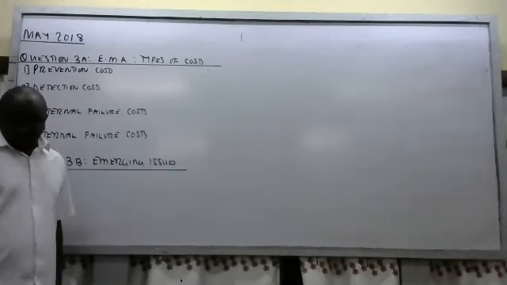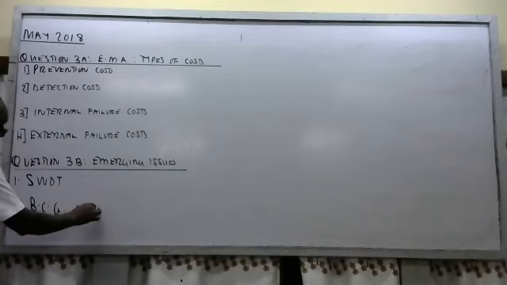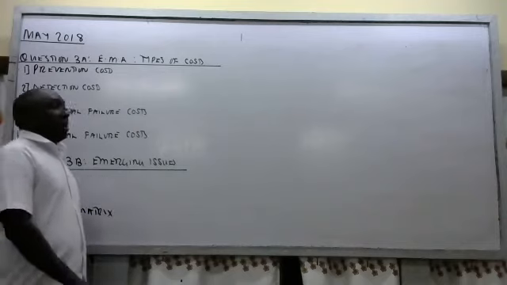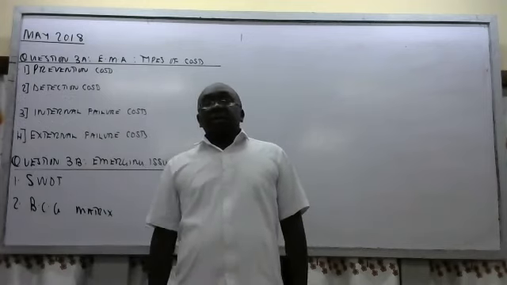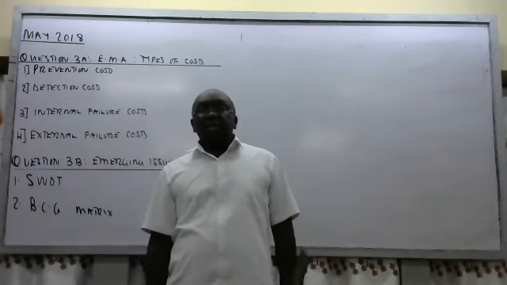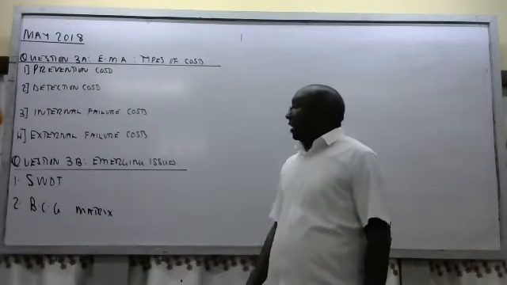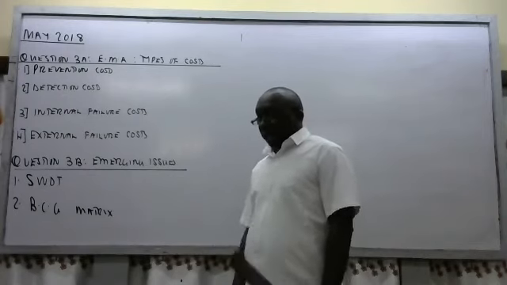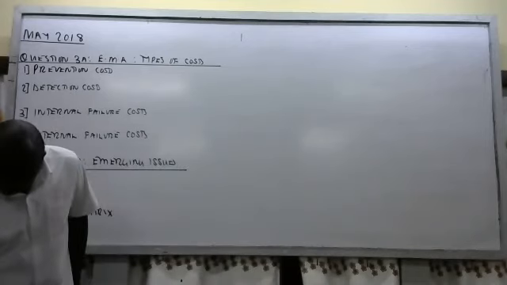The other one that we normally use is called the BCG matrix, the Boston Consulting Group matrix, the one that has the 4 quadrants. Again, from your SGE, you have some knowledge on that. If you don't, you can Google that. And if you're not able to get it, you can let me know in the subsequent lessons.